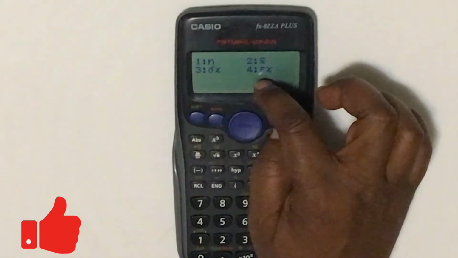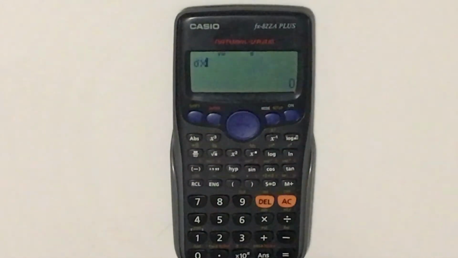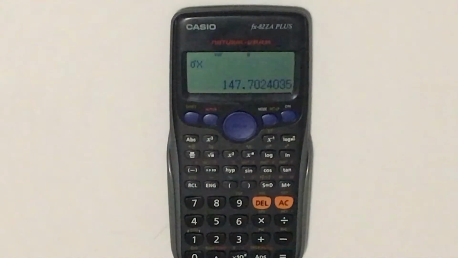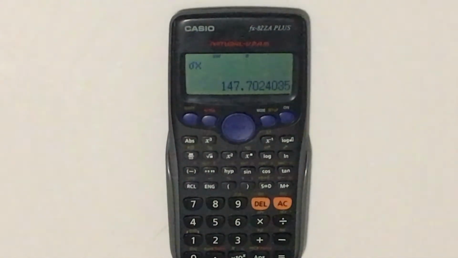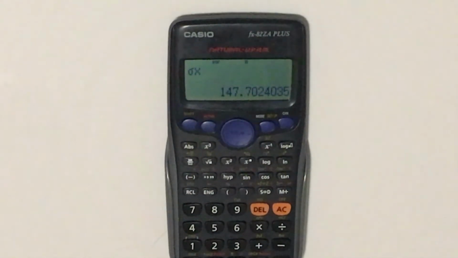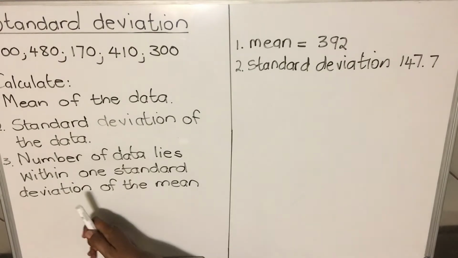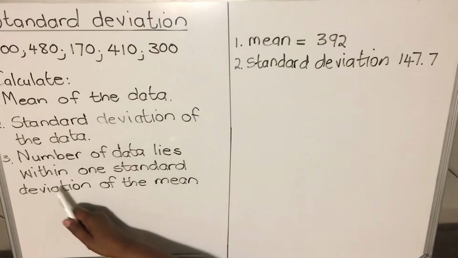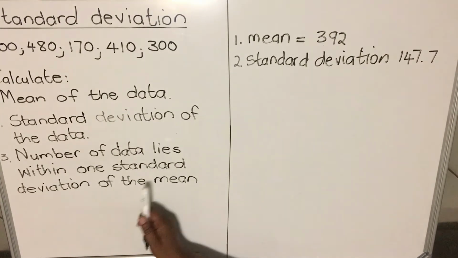It's not the one with S. So it's the other one. It's 3. Then you say equals to. Then your standard deviation is 147.702.